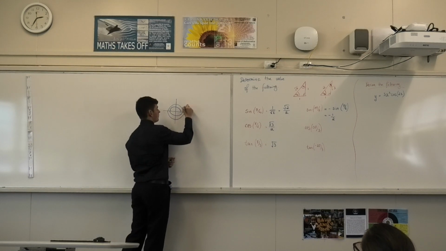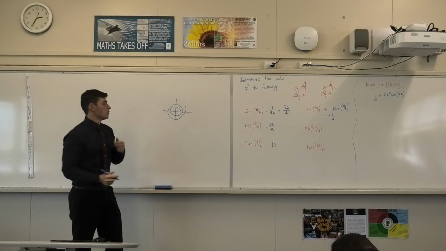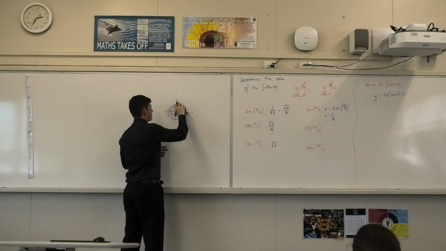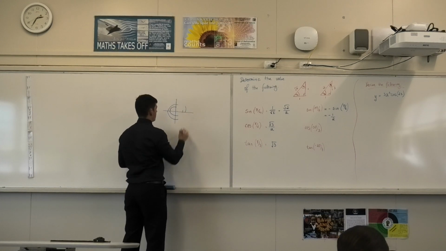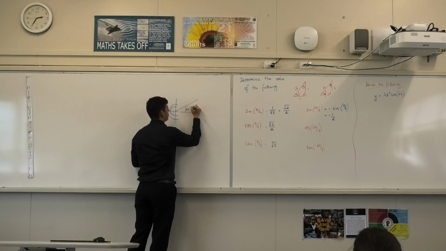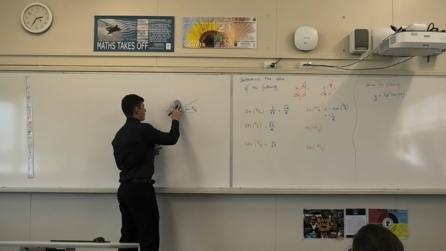Plus pi on 3. Do I care about all the rotations prior? No. So the only thing I really care about is the fact that this last little bit here, that angle there is equal to pi on 3. Should be bigger than that, but anyway.